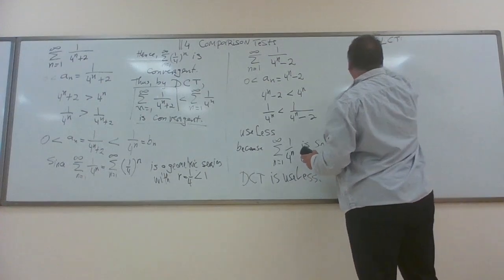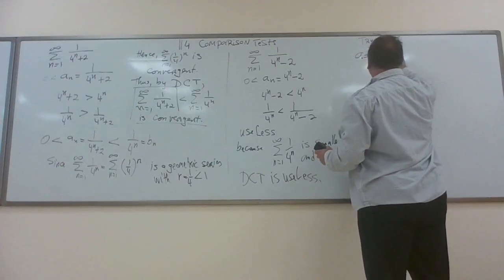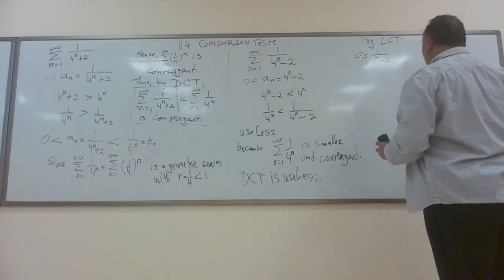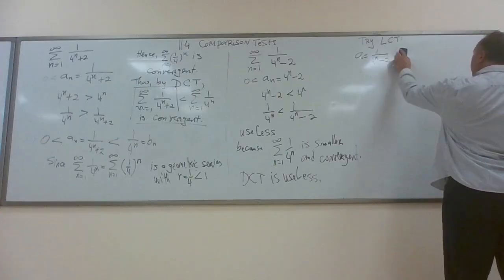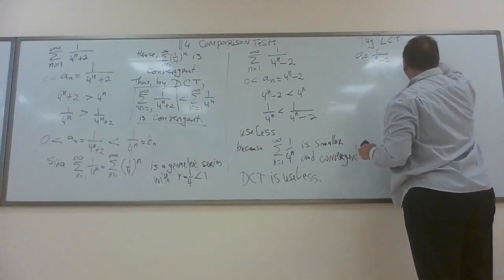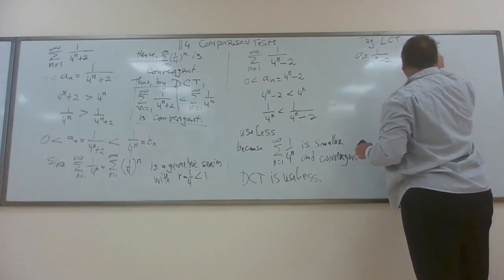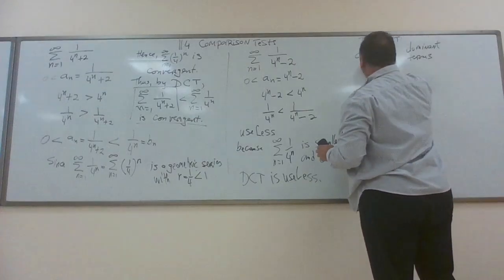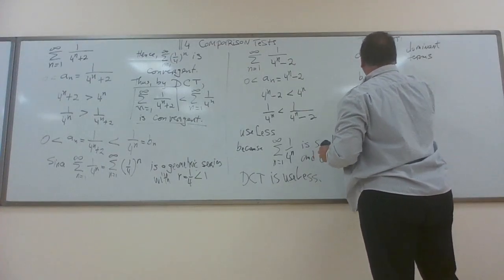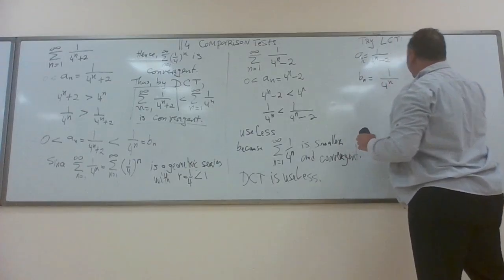So we have our a still 1 over 4 to the power n minus 2. And then we go, okay, let me see the dominant terms. If I check the dominant terms, what do I get? Upstairs is 1, and downstairs I have 4 to the power n.